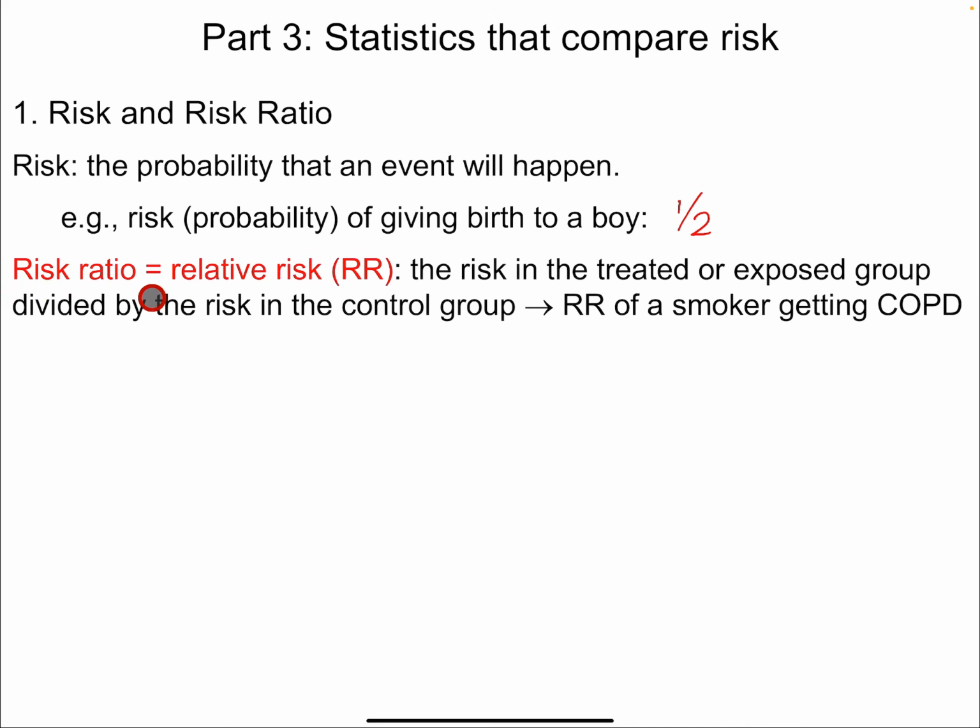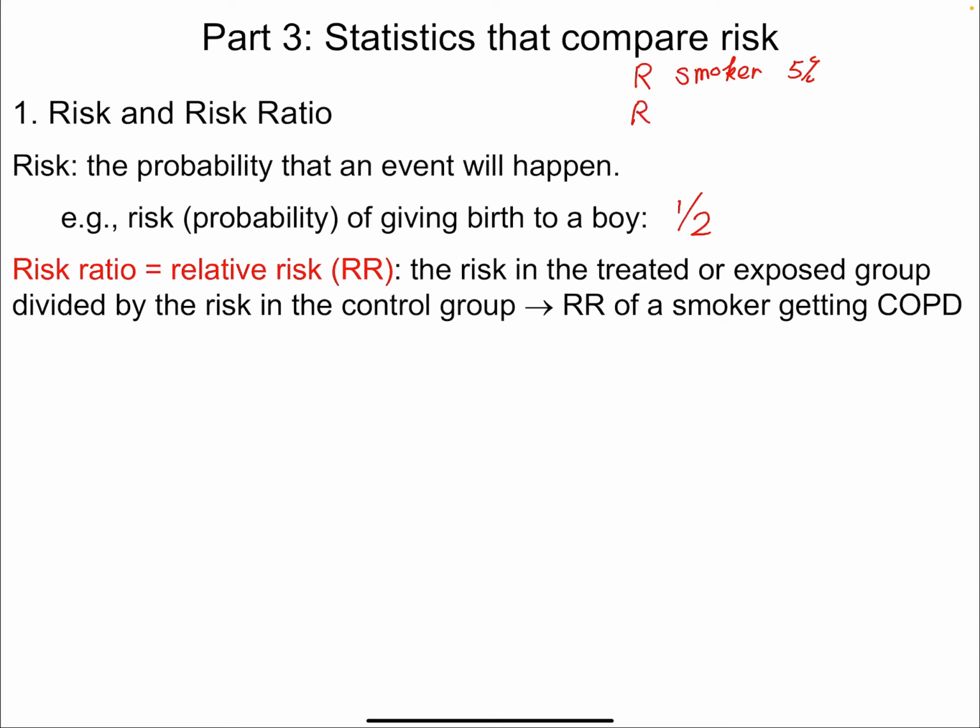Risk ratio, also called relative risk, is the risk in the treated or exposed group divided by the risk in the control group. For example, risk of a smoker getting COPD is 5%.